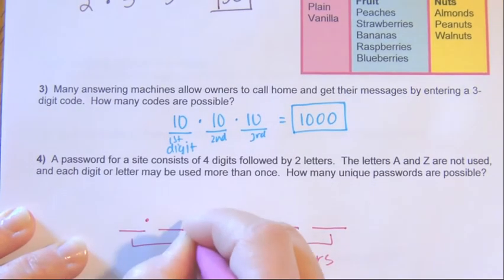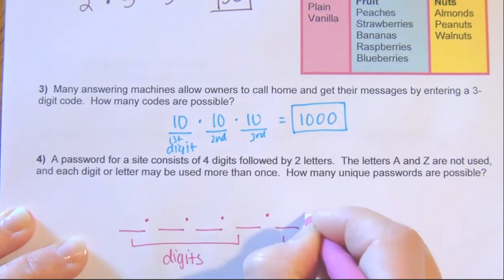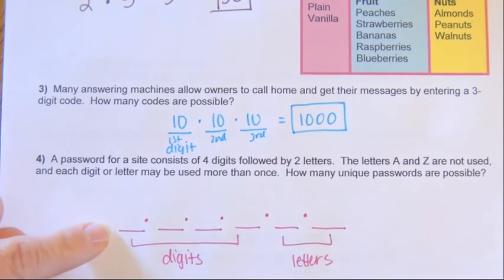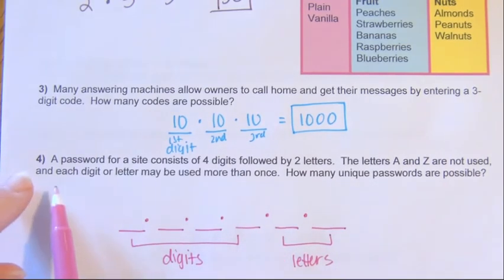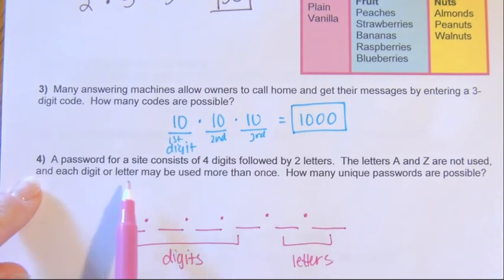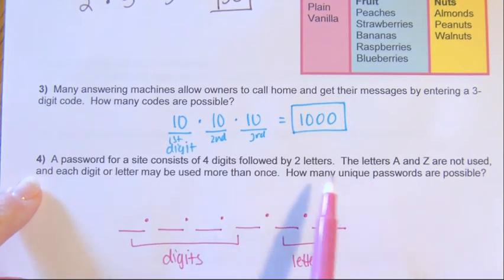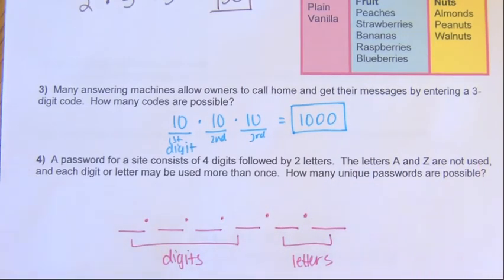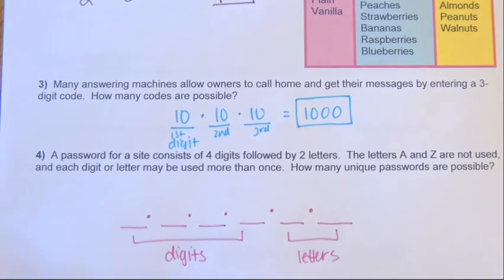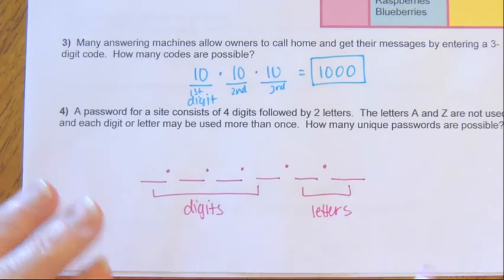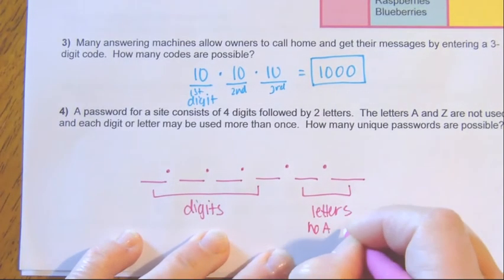And I'm going to multiply all of these events together, all these possibilities. So let's read here. Does it say anything specific about the digits? Each digit or letter can be used more than once. We're just saying we can't use A or Z. So for the letters, I'm going to say that I can't have an A. So no A, no Z.